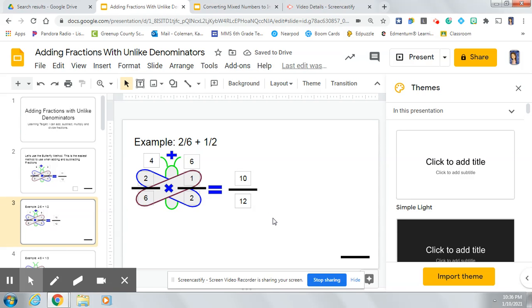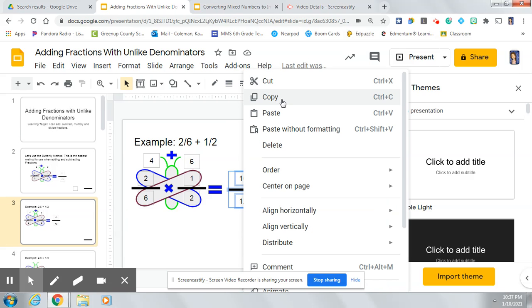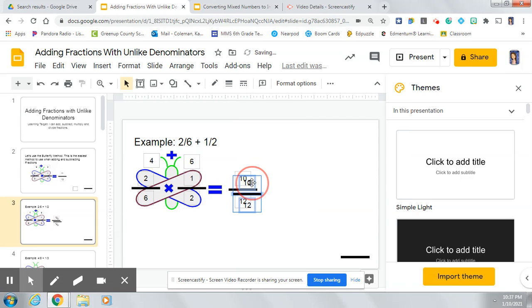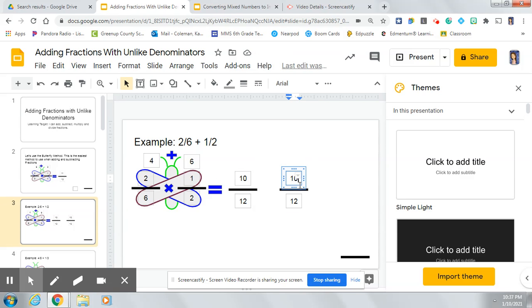So in some situations when you are adding and subtracting fractions, the answer that you get after doing the butterfly method might not be simplified. 10 over 12 is not simplified. There is a number that I can divide both 10 and 12 by. So you would want to brainstorm, what can I divide 10 and 12 by? They are both even numbers.